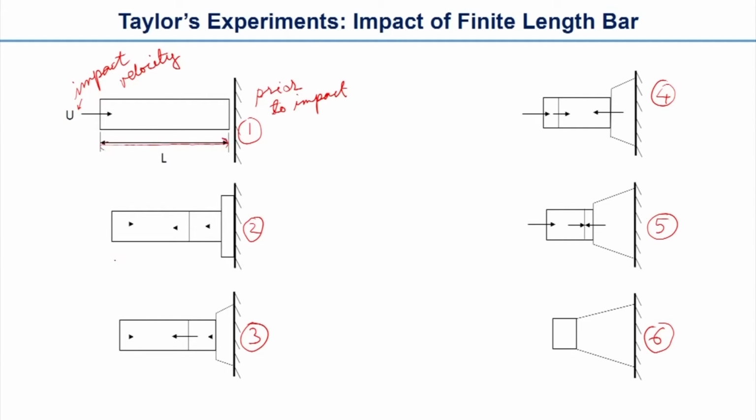If you see, the length is decreasing upon the impact. It is decreasing gradually through steps 2, 3, 4, 5, 6. This part is the plastically deformed part.